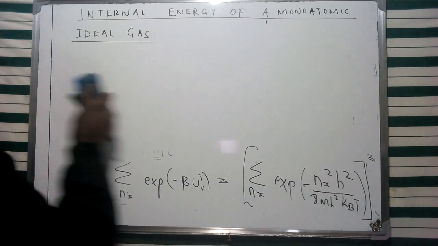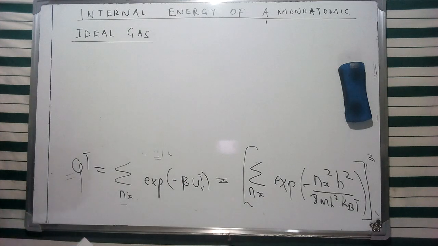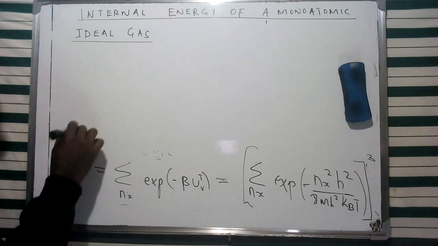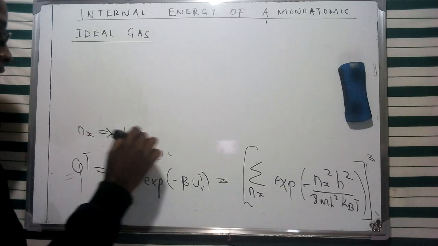So therefore it calls for us to convert this specific summation sign into terms of an integral, whereby we had this one given for the values of nx ranging between 1 and positive infinity.